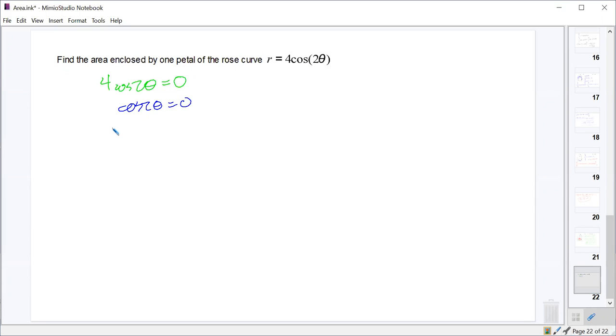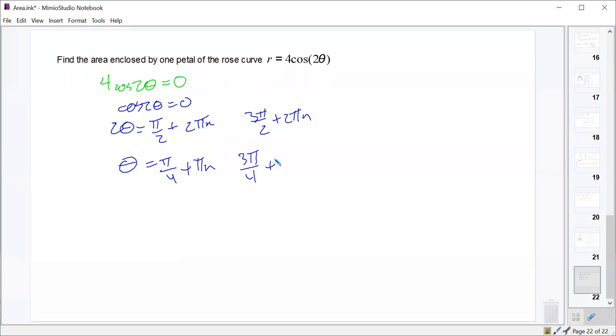And what does that give us? That gives us 2 theta is equal to pi over 2 plus 2 pi n. As well as what else? Also 3 pi over 2 plus 2 pi n, which tells us that theta is pi over 4 plus pi n, and 3 pi over 4 plus pi n.